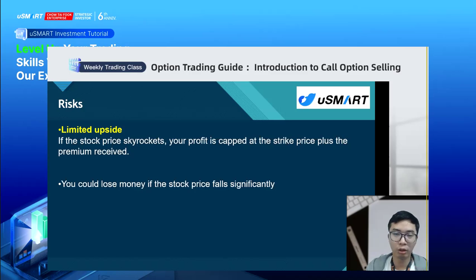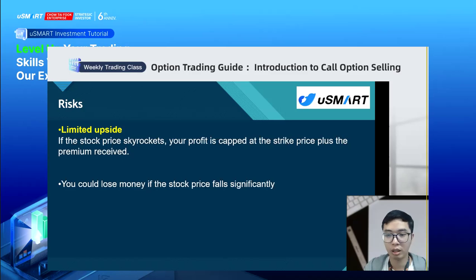For those who do a naked call, they will face a big loss when the price goes the other way around, goes up, right? When you sell a naked call and the price keeps going up, you will lose lots of money. However, when you do a covered call, your risk is safe because you own the stock and just want to keep it. I think there's an error here: the stock price goes up significantly.